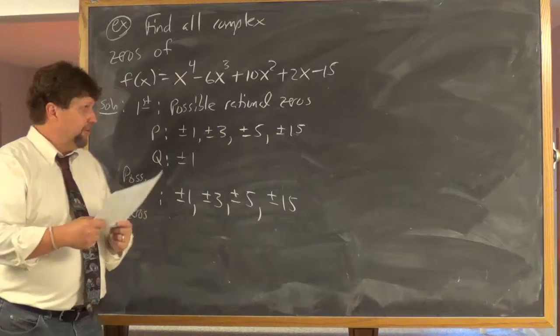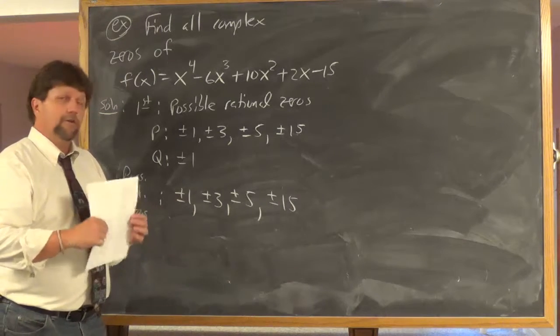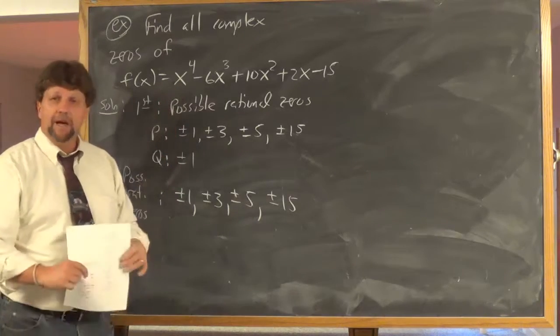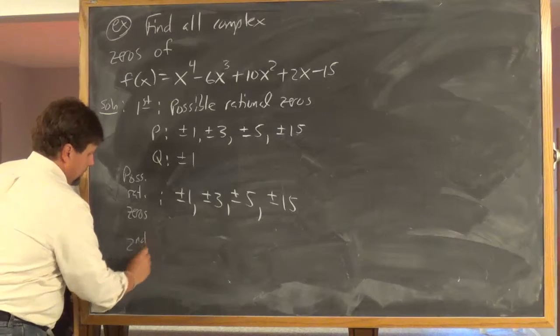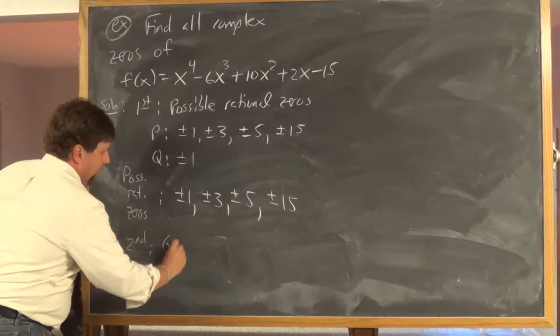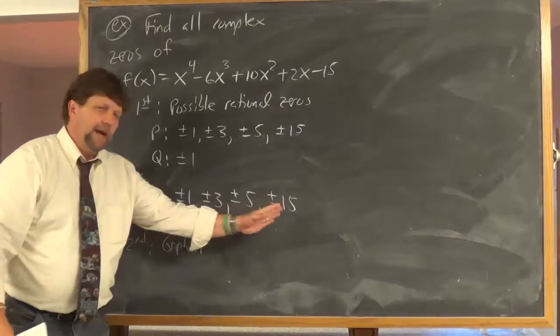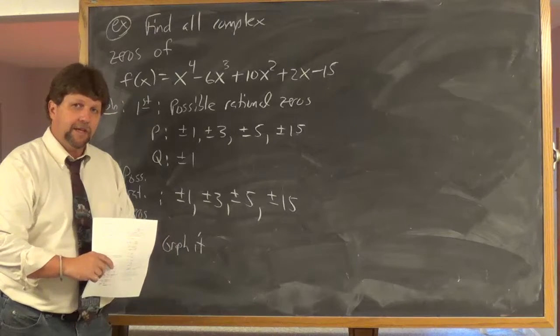And what I will do next, the second thing I do, is I use my graphing calculator, and I'm going to graph the polynomial function. So let me make a note here. I'm going to graph it. And by looking at my possible rational zeros, that's going to tell me my viewing window to graph the function in.